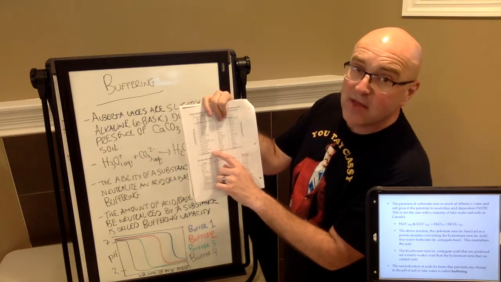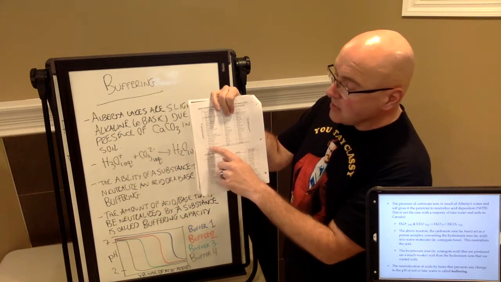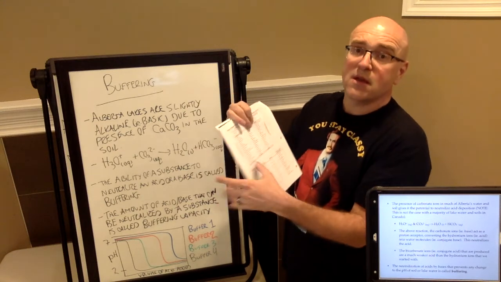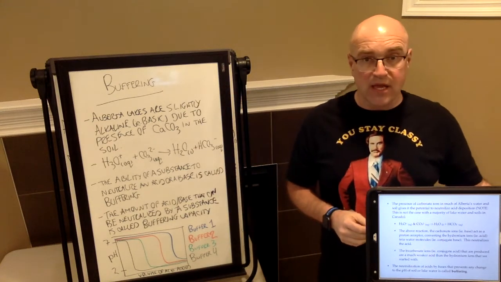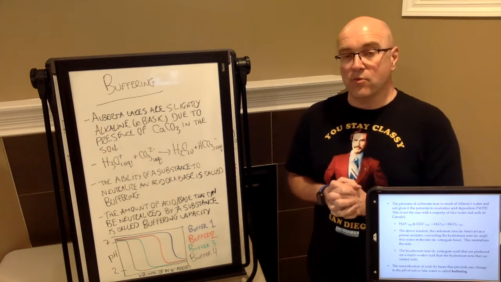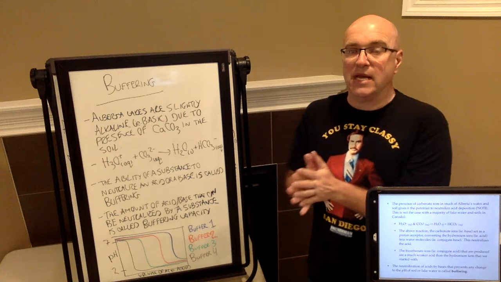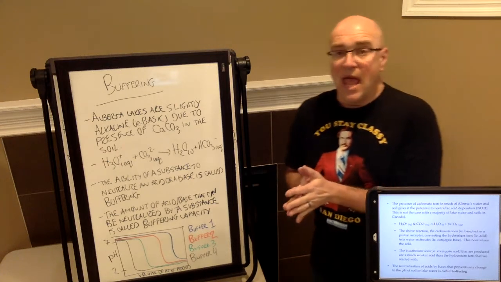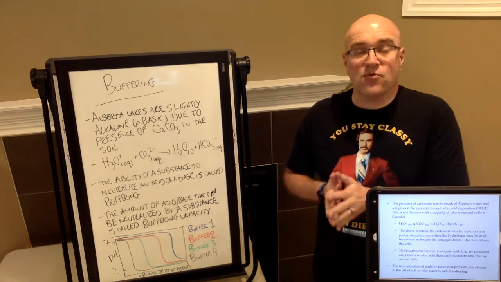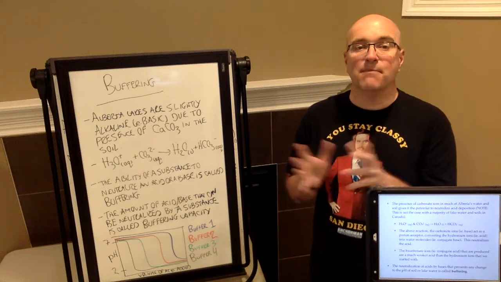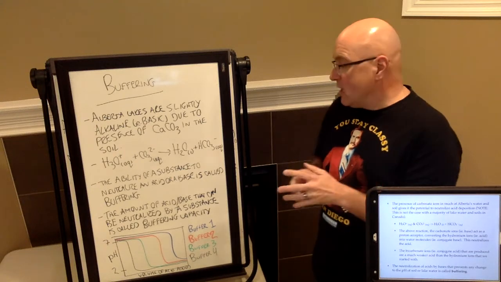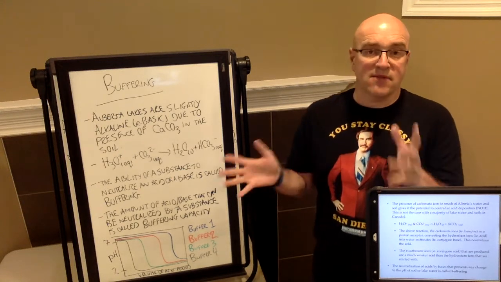Hydrogen carbonate ions, or bicarbonate, are considered to be among the weakest of the acids. So we're taking a strong acid and nullifying it into a very weak acid, and we're also producing water. So this is why the soil has this amazing ability to neutralize the acid that's coming down.